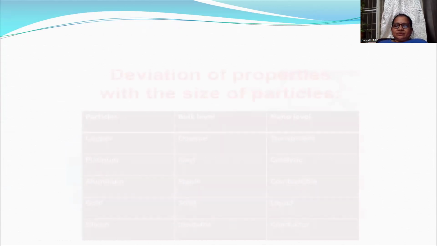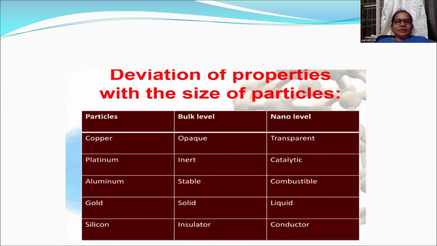Then when it comes to properties, once again, the deviation of properties with the size of the particles, bulk level versus nano level. Copper at bulk level behaves like opaque, whereas copper at nano level behaves like transparent.